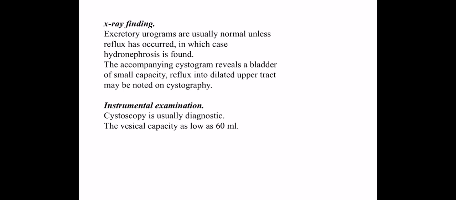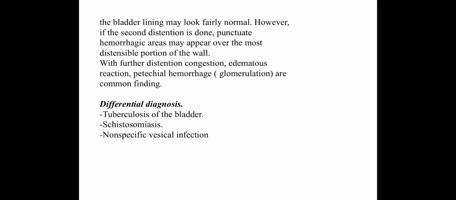Instrumental examination: cystoscopy is usually diagnostic. The vesical capacity is as low as 60 ml. The bladder lining may look fairly normal. However, if a second distension is done, punctate hemorrhagic areas may appear over the most distensible portion of the bladder wall, which is usually the dome.